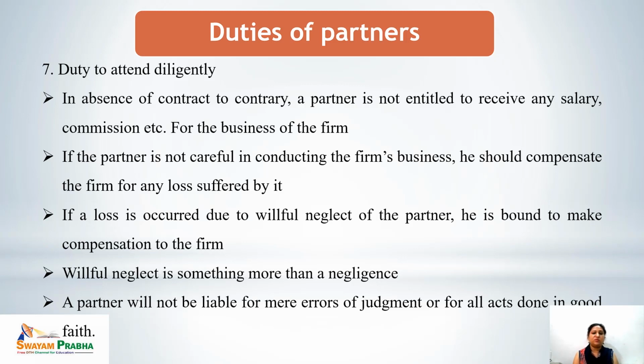And in absence of all these incentives, every partner is liable to work carefully in conducting the firm's business, and if any kind of loss occurs in the business due to his negligence, the partner should compensate that loss to the firm. And if this loss occurs due to willful neglect, then he is bound to make compensation to the firm also. Willful neglect is what?